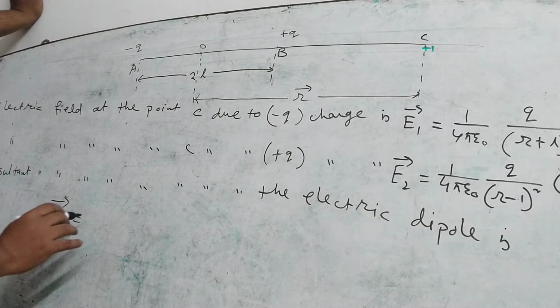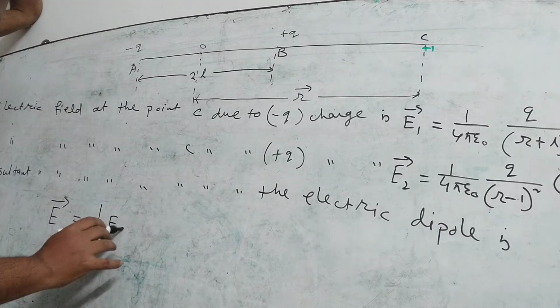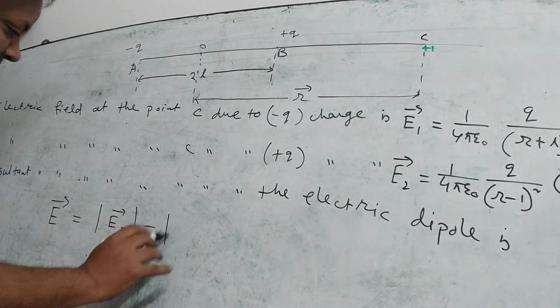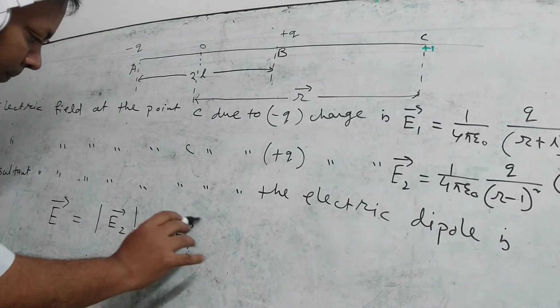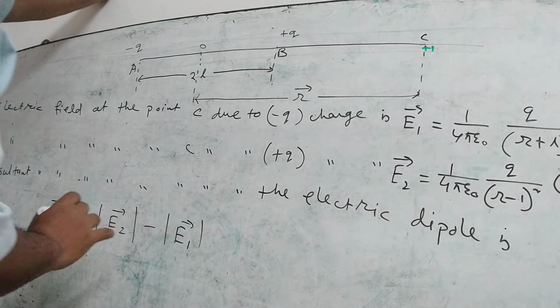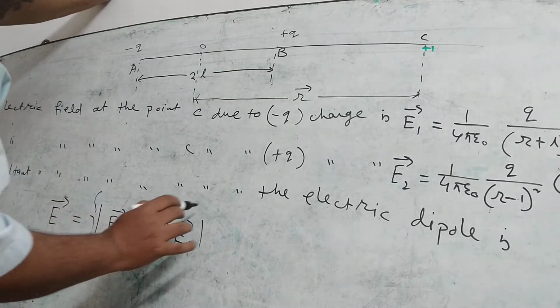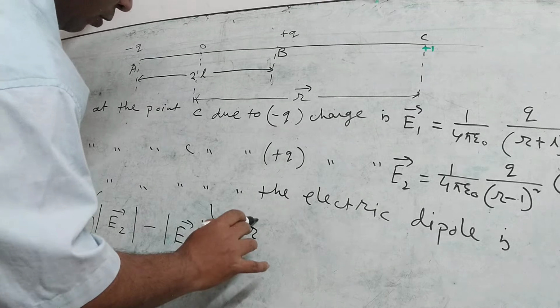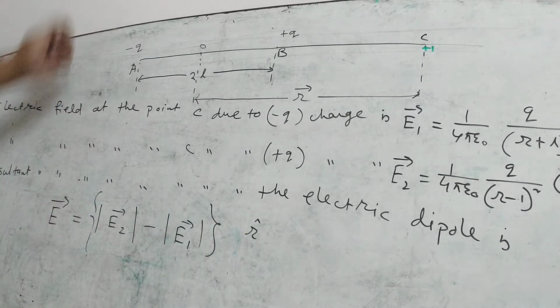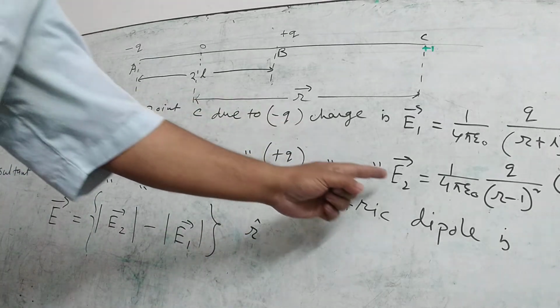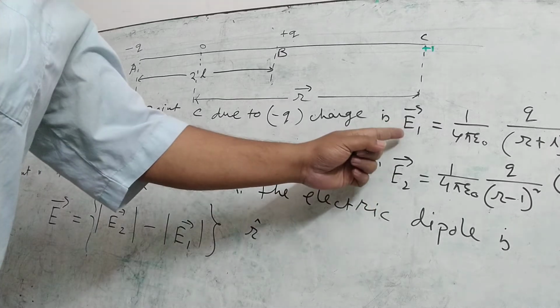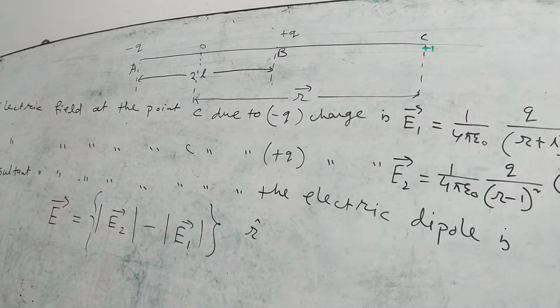E is equal to magnitude of E2 minus magnitude of E1, and its direction is along r cap, because magnitude of E2 is greater than magnitude of E1.